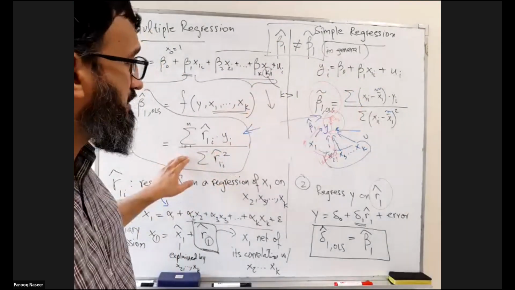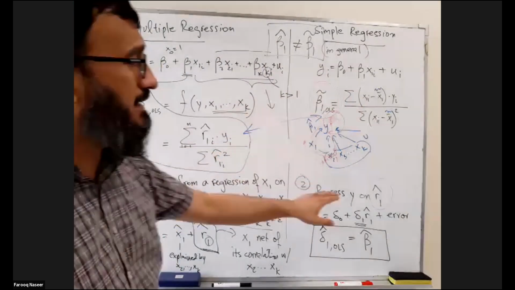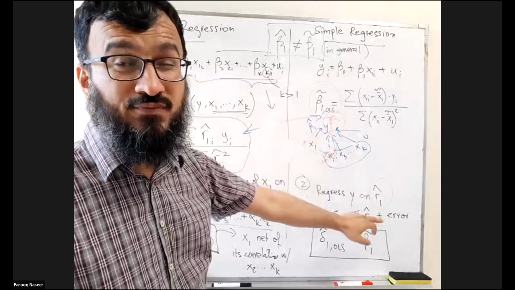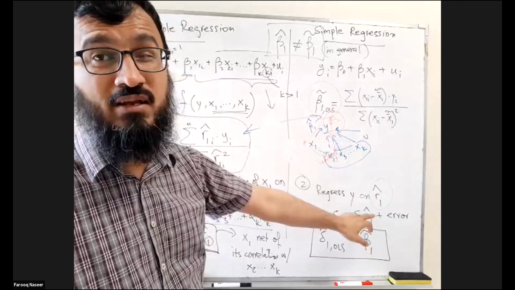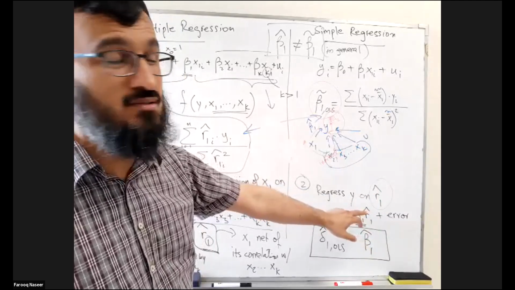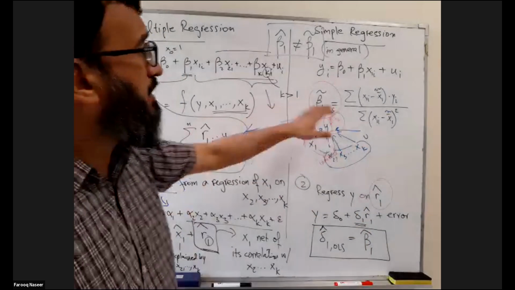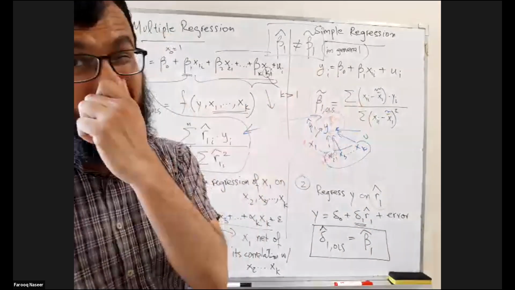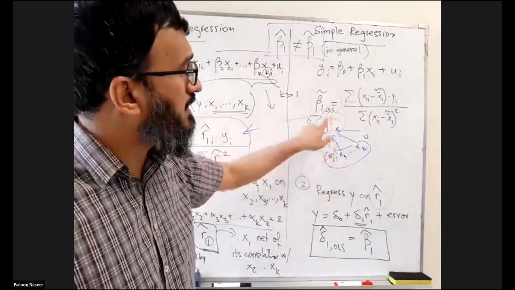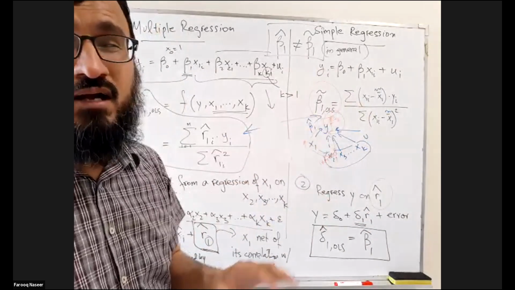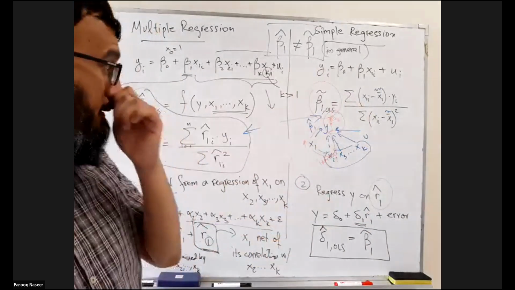So the multiple regression formula is more like regressing y on, not on x1, but on its residual, x1 net of the other variables influence. जो simple regression है, that is simply regressing y on x1 and it's assigning all the total change in y to x1, right?